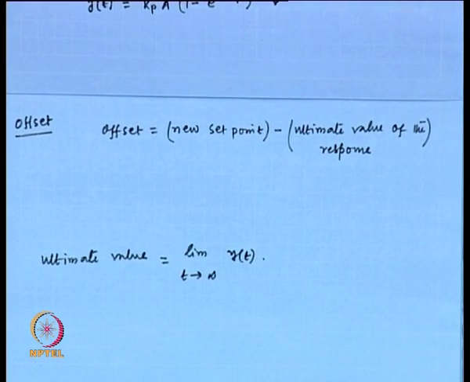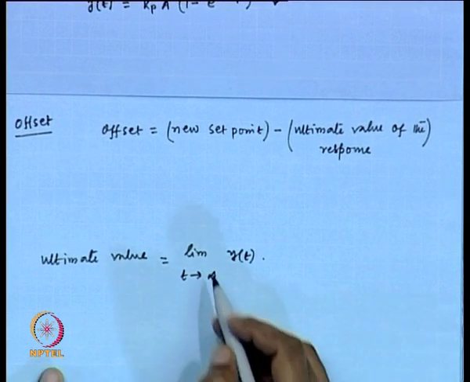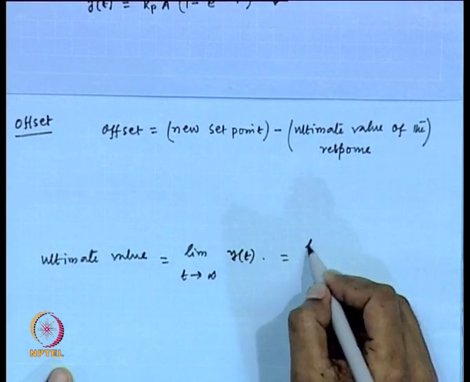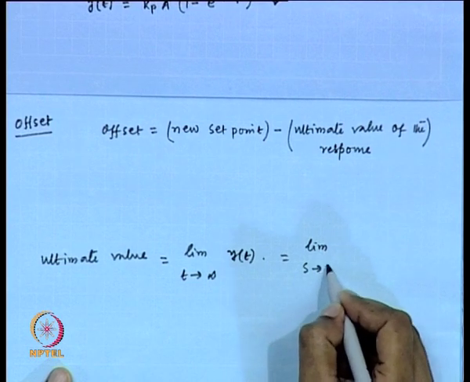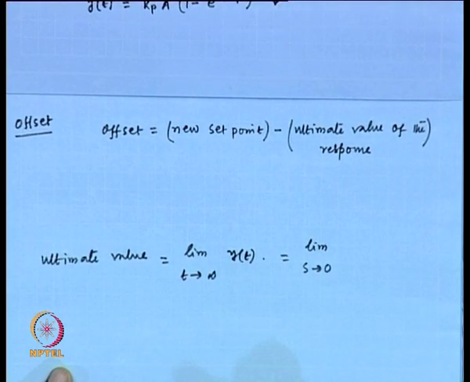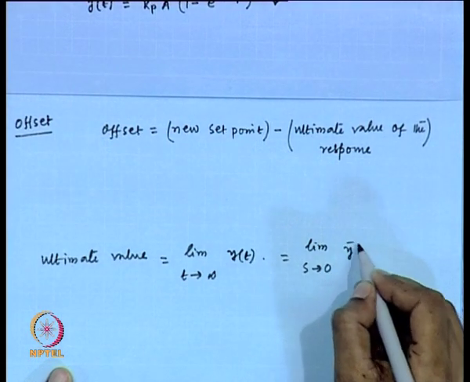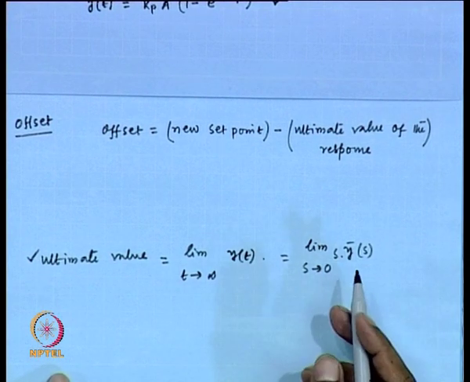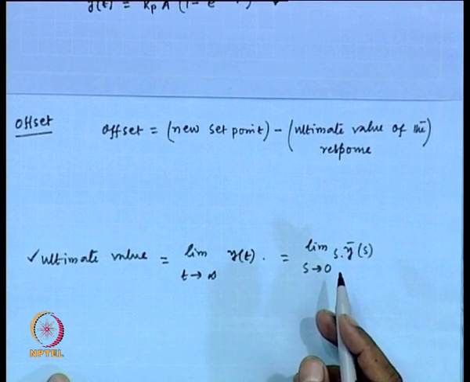Ultimate value is calculated by using the final value theorem, that is limit t tends to infinity y(t), or we can represent it in Laplace domain also by limit s tends to 0 of s multiplied by y bar(s). Fine. Ultimate value of the response is calculated by using the final value theorem. So, what is the ultimate value of the response for this case?